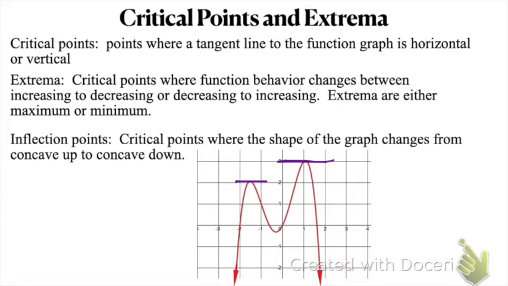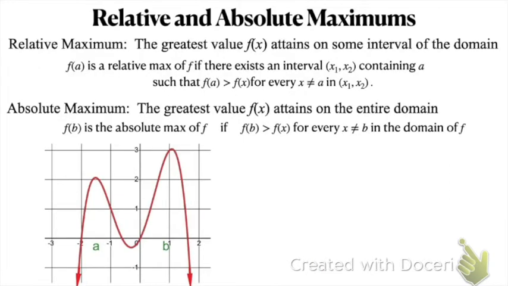These are hard to see, but this changes concavity. We aren't going to get into concavity right now, but I wanted to show you this because critical points happen for extrema and where inflection points happen. We'll hopefully get to that later this year. Today we are going to focus on the extrema part, where we have horizontal tangent lines. So here we're going to look at relative and absolute maximums.